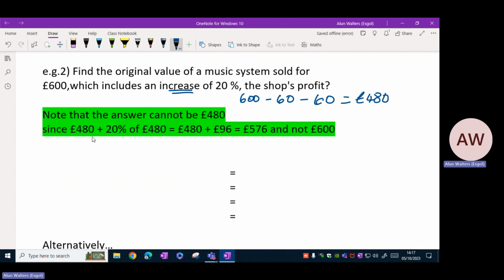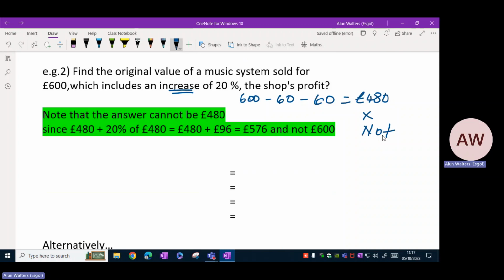And as I mentioned here, if you were to go the other way, £480 plus 20% of 480, which is 96, gives you 576. So this is not correct.